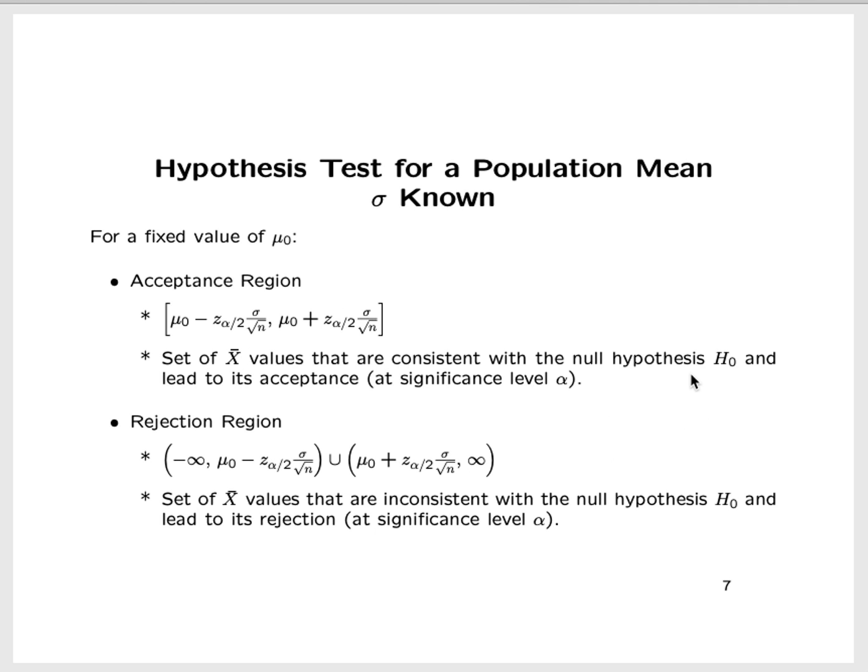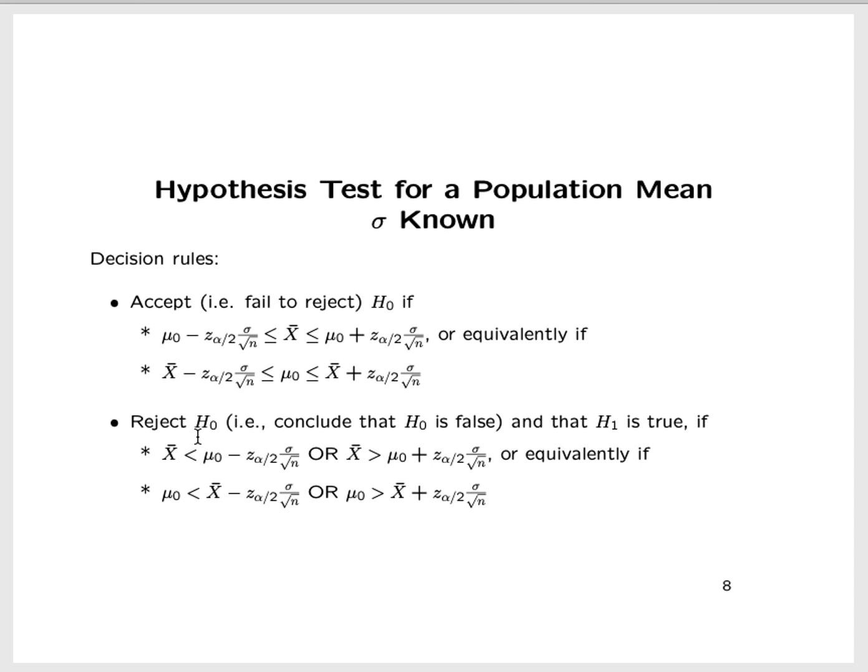Now, instead of stating an acceptance region and rejection region, we can formulate our decision rules this way.